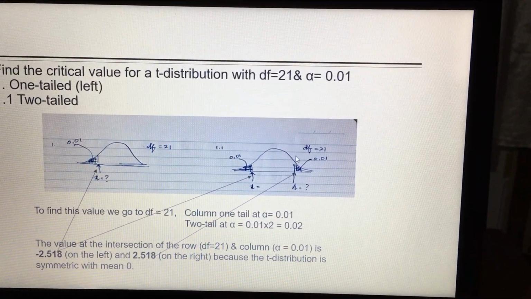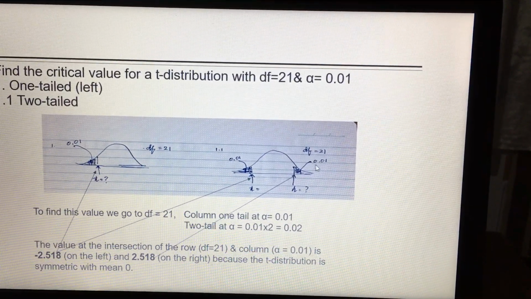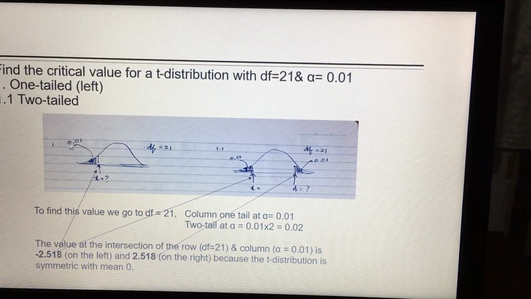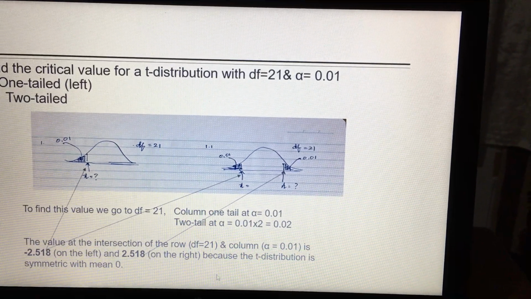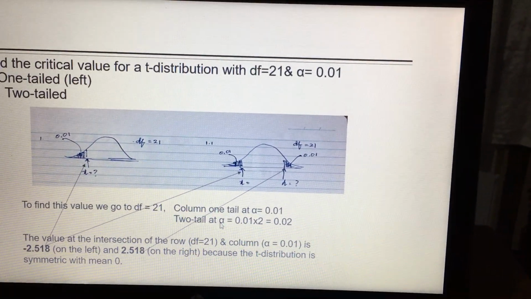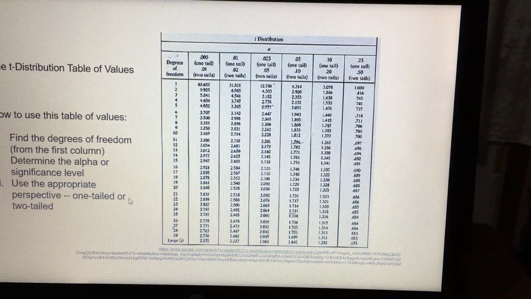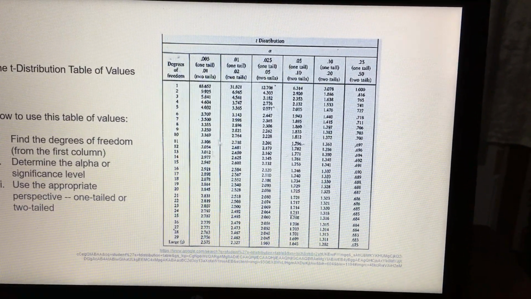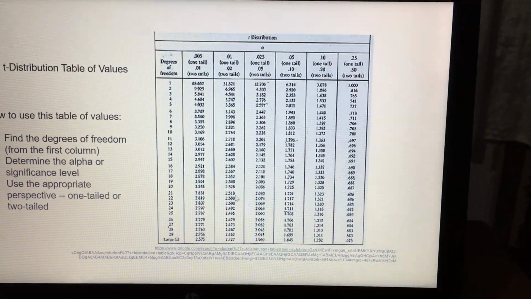Both tails for this two-tailed has a tail area of 0.01, and for the one-tailed it also has a 0.01 alpha on its tail. So what do we do? We go look for the row that is corresponding to degrees of freedom 21 and the alpha at 0.01, and that will give us a value of 2.518.